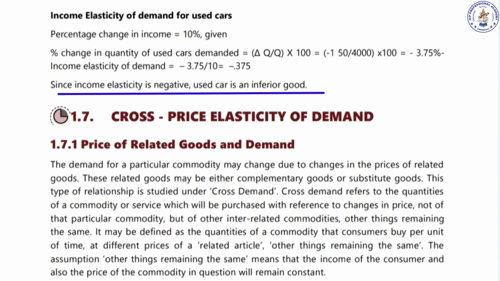When the consumers get a higher income, they tend to go for a new product instead of an old product. Old product is an inferior product, a used product. So they are ready to go for the new product. Hence here the income elasticity is negative. That is the inference and makes us understand. Now with this we move on to the next topic in the next session.